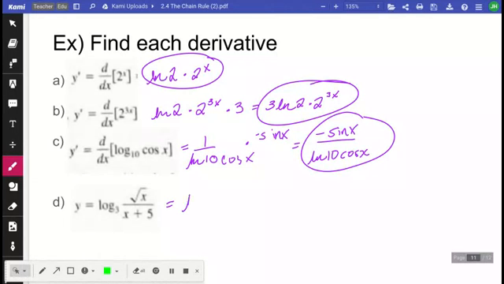So I'll rewrite this though as log base 3 of x, but instead of doing root x, I'll put that exponent outside of it. So that's the numerator rewritten, divided by log of x plus 5. So we're using those log concepts for rewriting it.